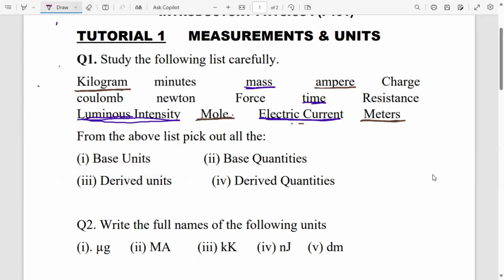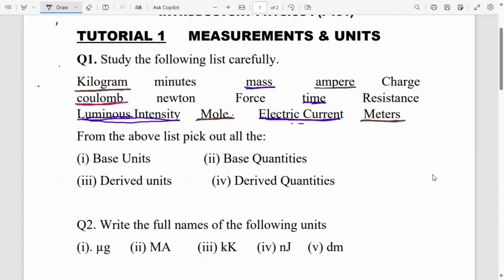Okay, let's now go to derived units. So these are units that are derived from the base units that we've already talked about. Of the ones that we are remaining with, which ones are derived units, not base units? The coulomb is one of them.